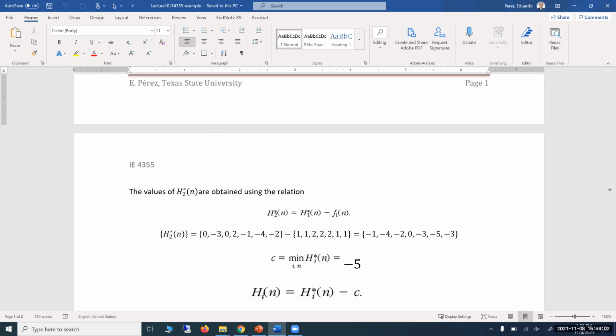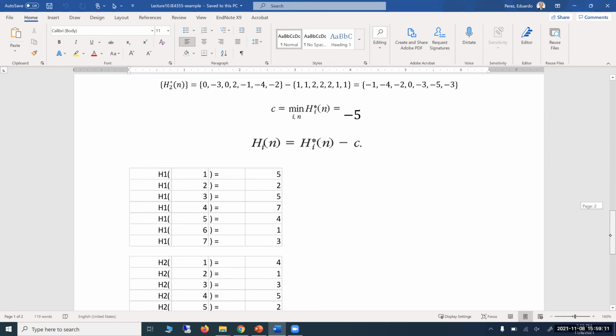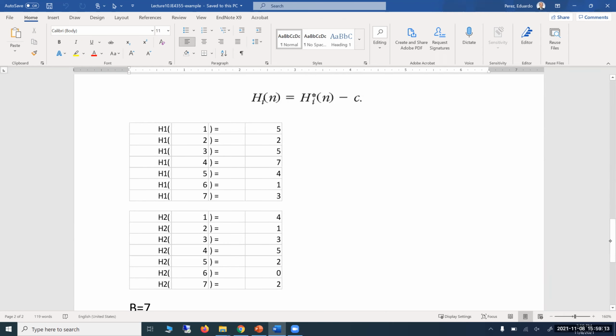Then find the minimum of H1 stars, and then computing the H1 star, H1 and H2 sets. Have those values here. Then the rest will be to find the maximum among these two sets. In this case, B equals 7.